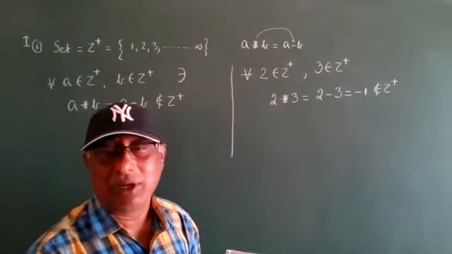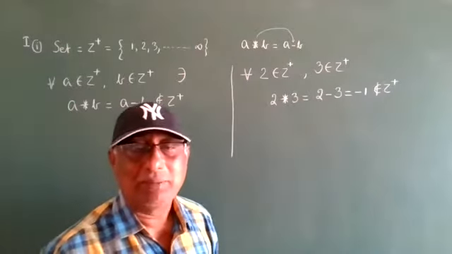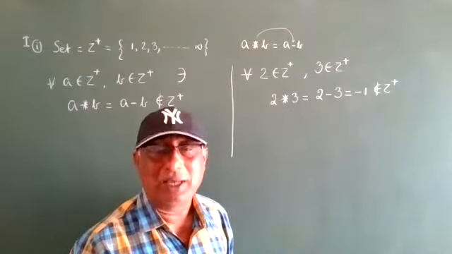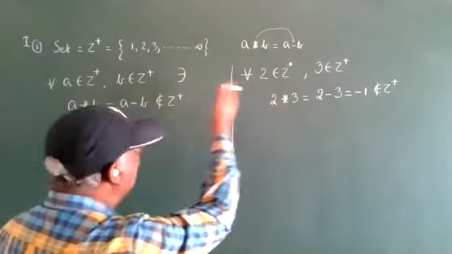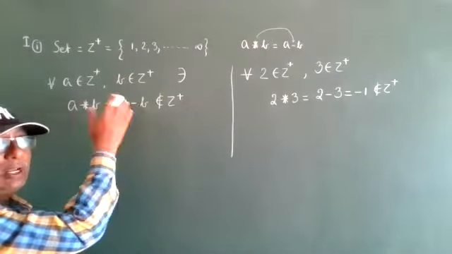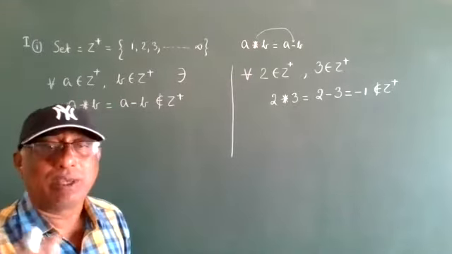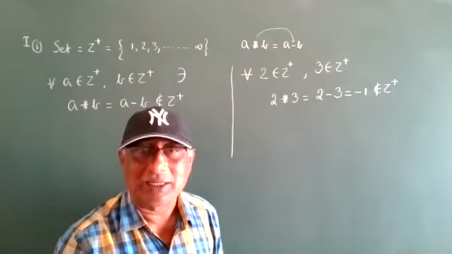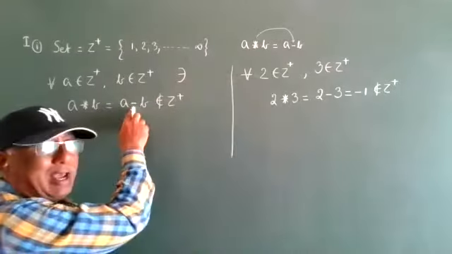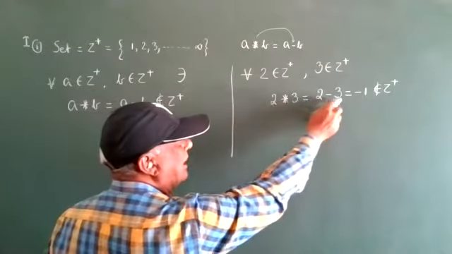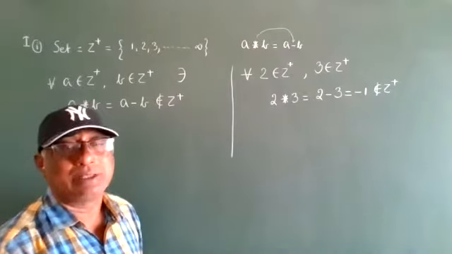Here is the fail case: minus 1 does not belong to Z plus. After the example is clear, now write down in terms of words. A belongs to Z plus, B belongs to Z plus, such that A star B, by the example A minus B, has the value minus 1. Minus 1 does not belong to Z plus.